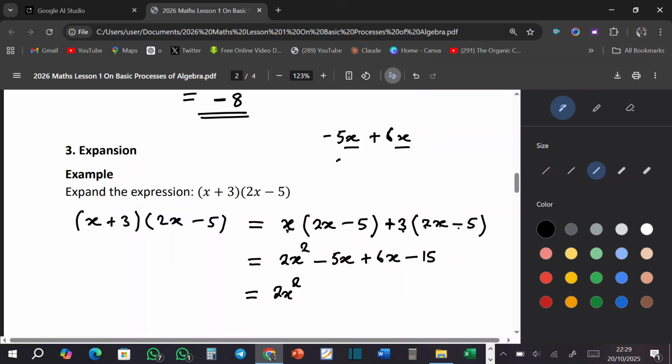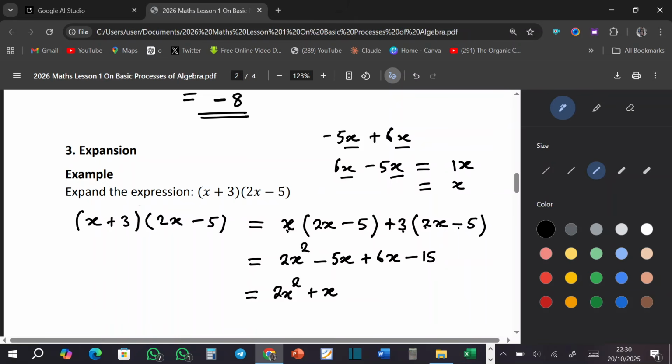You start with 6x, then you say minus 5x. This one is straightforward. It's like you have x, you write it once, then you say 6 minus 5, 1. But don't write the 1, just write x. So this x is positive, so you say plus x.